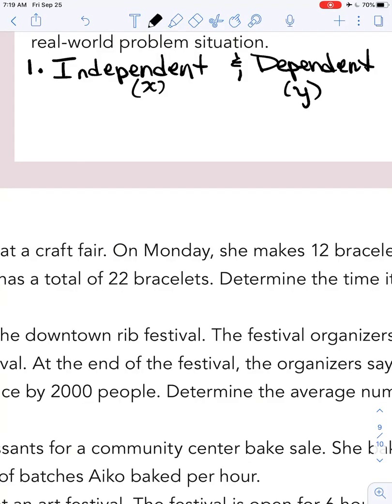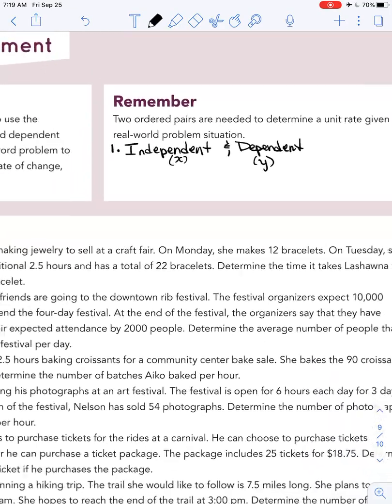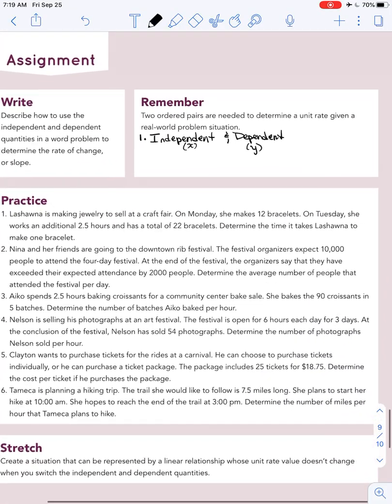Now, if I look at the very first question right here, it says Lashauna is making jewelry to sell at a craft fair. On Monday, she makes 12 bracelets. On Tuesday, she works an additional 2.5 hours, has a total of 22 bracelets. Determine the time it takes Lashauna to make one bracelet. So let's highlight this.